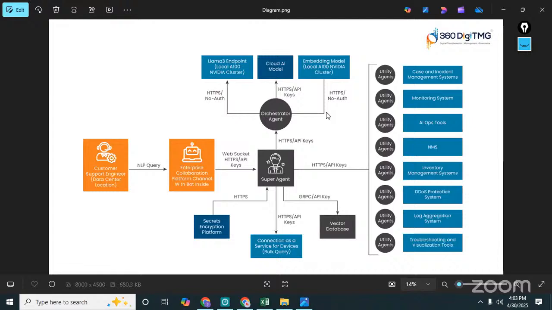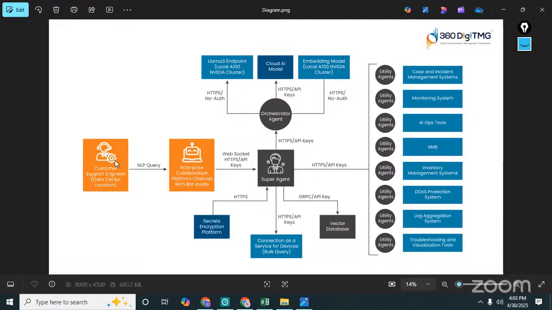Okay, let's look at the entry point, which is the customer support engineer, who is at present at the data center location. So the flow begins with the customer support engineer who is managing the issues from a data center.